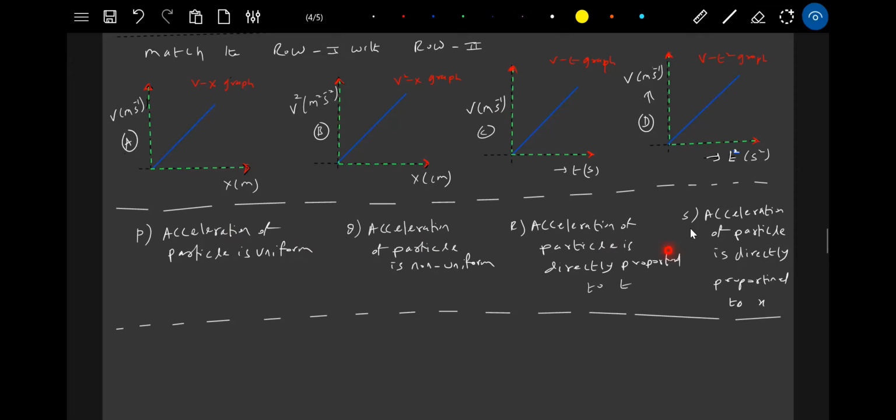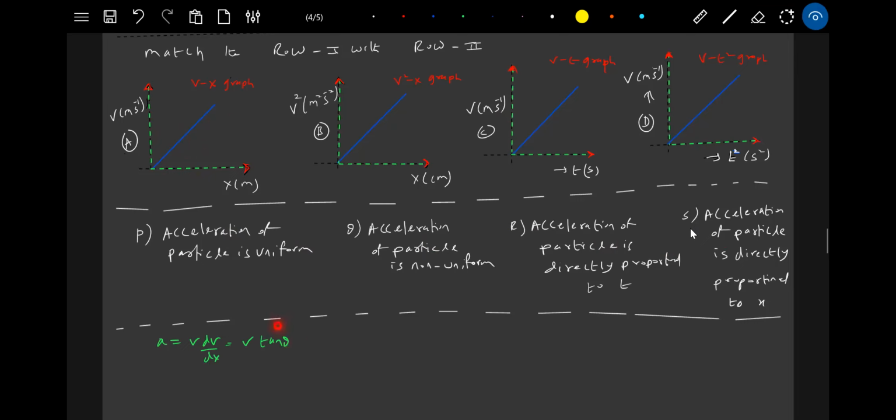Okay, now the acceleration versus the Vx graph. How do you define acceleration? Acceleration is in fact defined as v dv by dx. This is a slope. There's no problem with the slope, and the slope is constant.